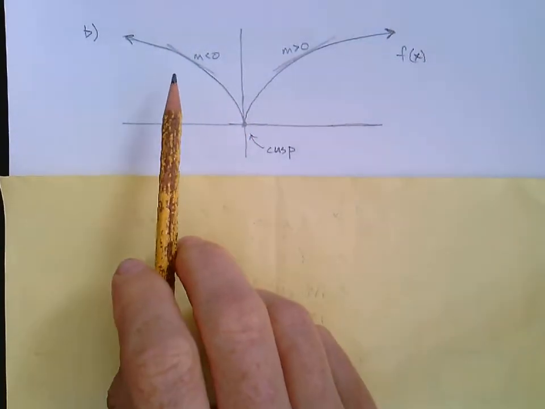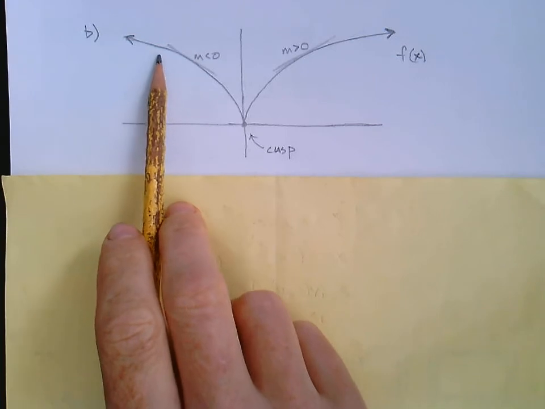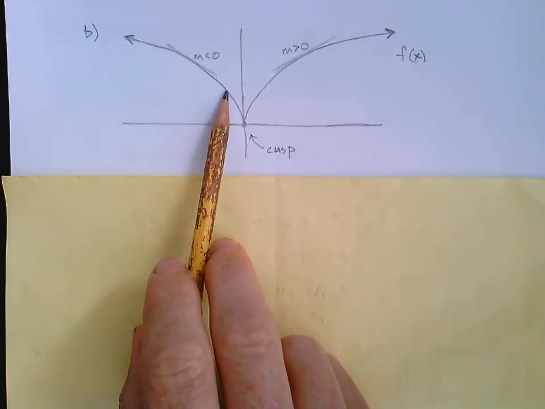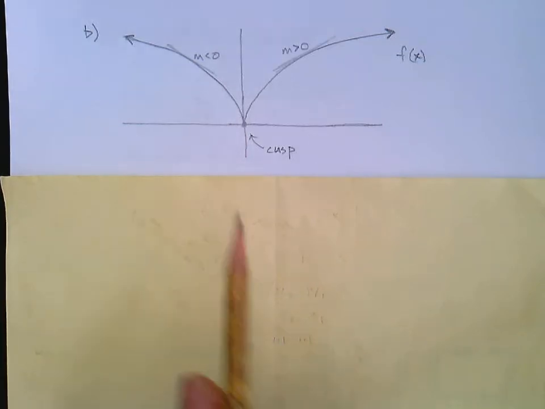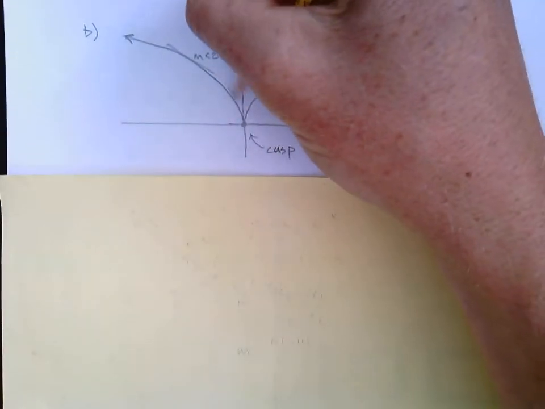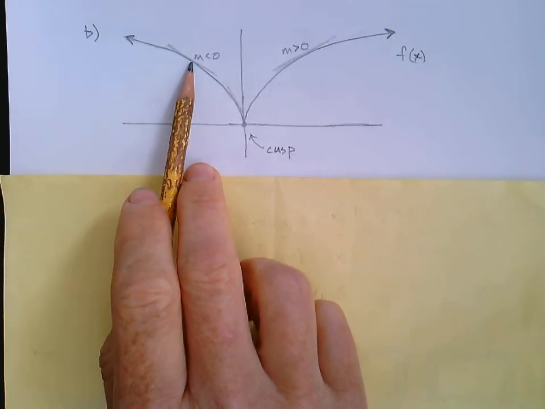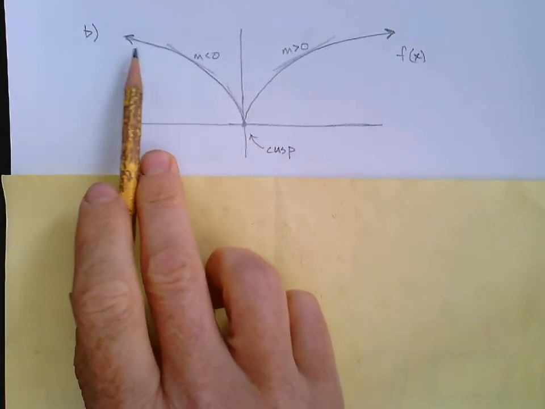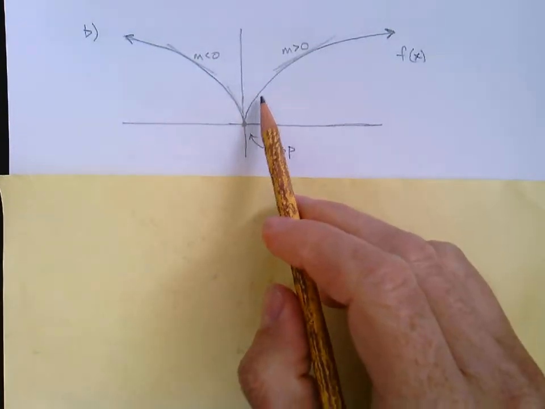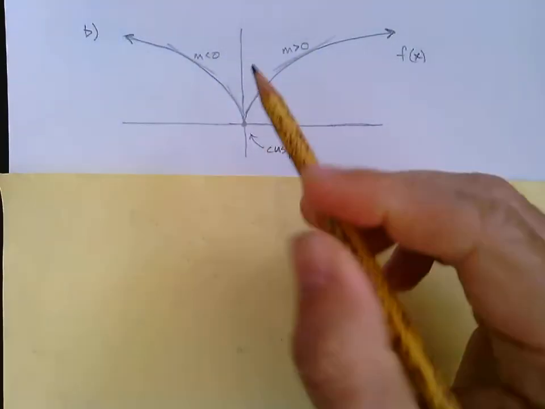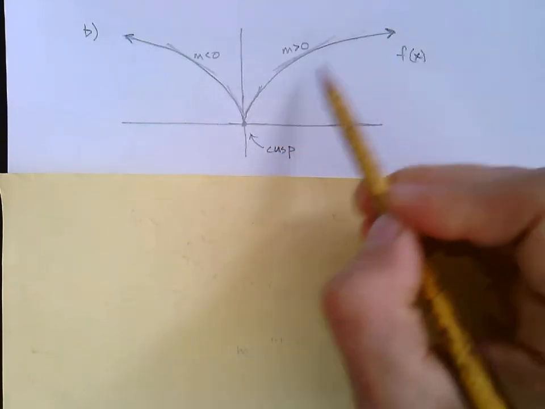Think about this. As we approach that cusp, aren't the slopes getting more and more negative, right? I mean, the slope here is more negative than the slope was back here, which is more negative than back right there. They're dropping. And as we go up, the slopes begin very positive, and then they get less positive because it starts to level off.